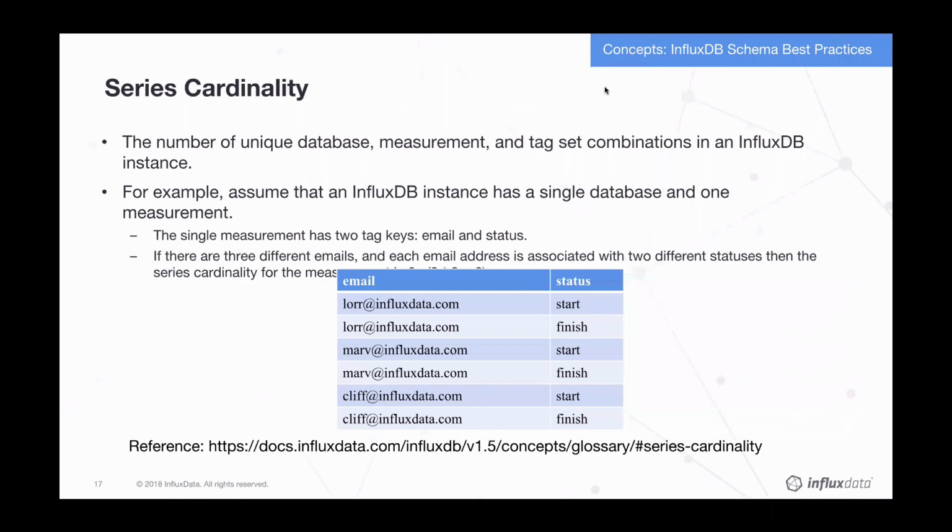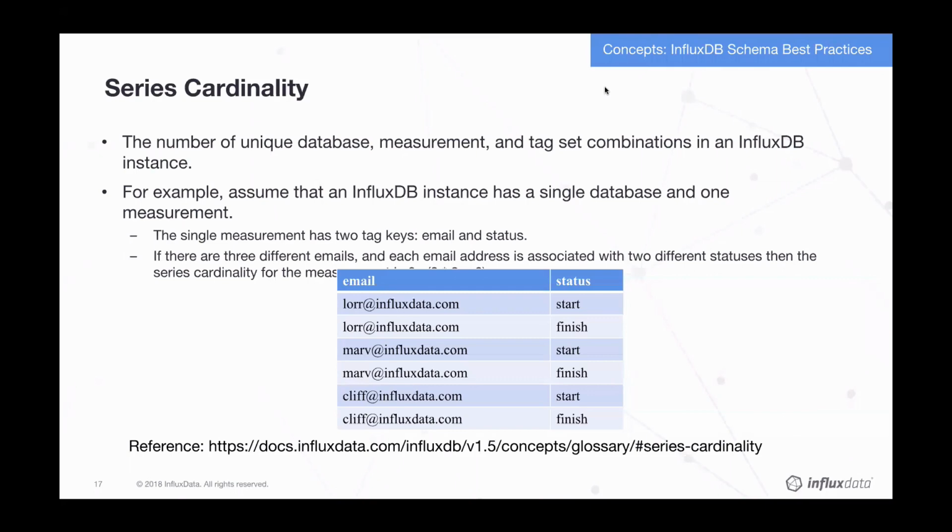So in order for me to figure out what my series cardinality is going to be, I just have to find out what the total number of options are. In that case, it's 3 for Lore, Marv, and Cliff for the different emails I have available, times 2 for the amount of different statuses I have. So I'm going to have a series cardinality of 6.